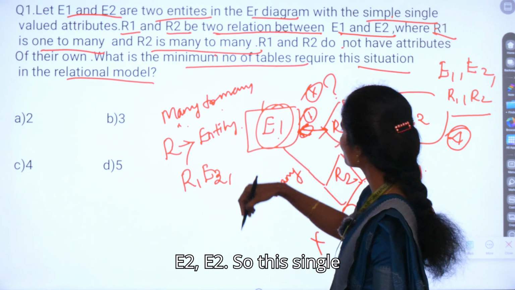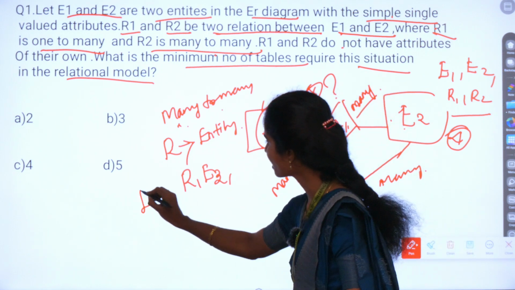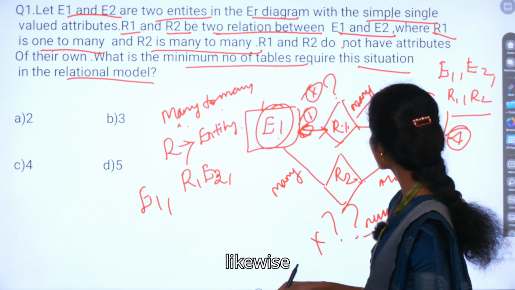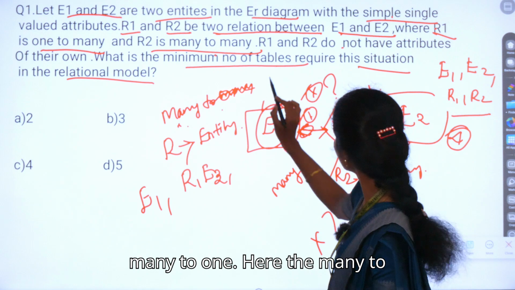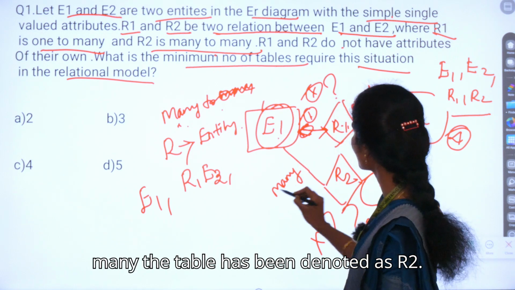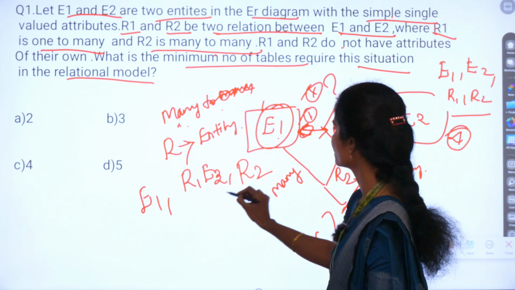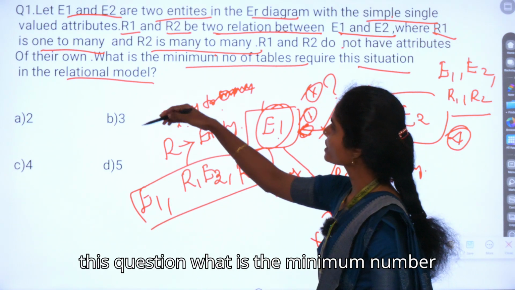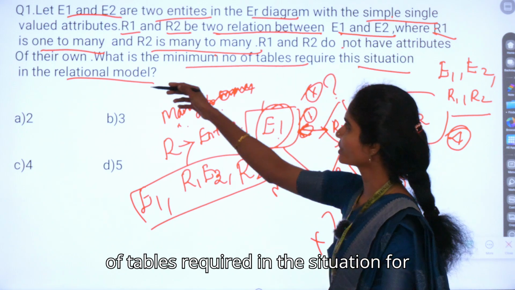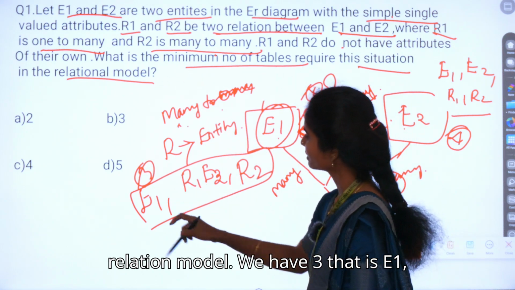So this single entity I am declaring. Here the many to many table has been denoted as R2. So in this question, what is the minimum number of tables required for the relational model? We have 3.